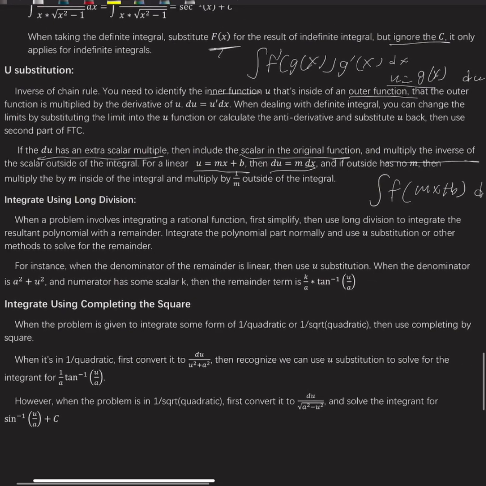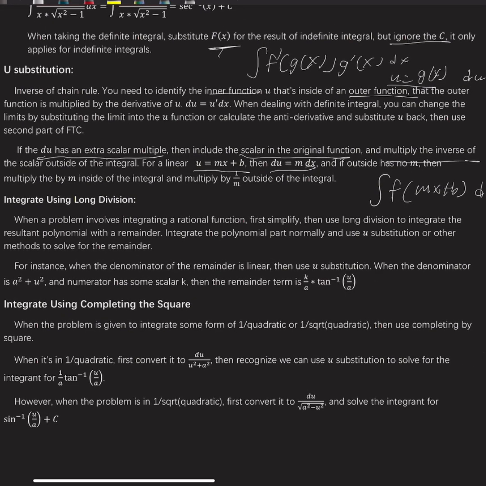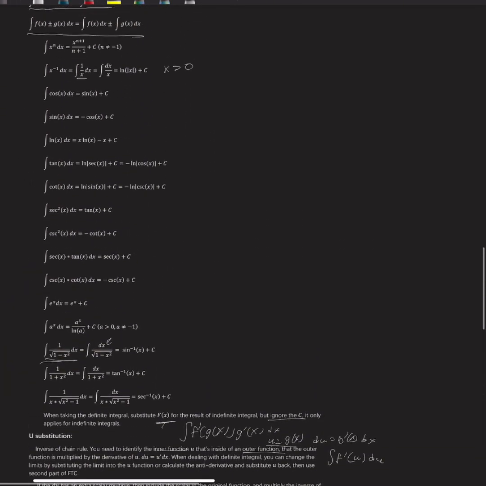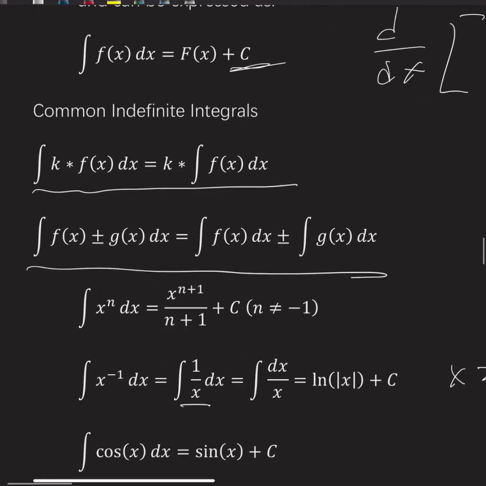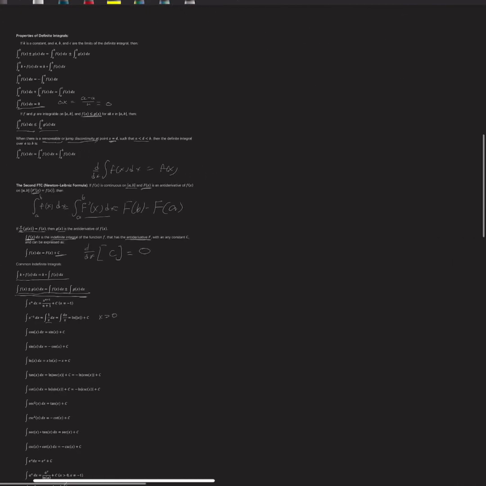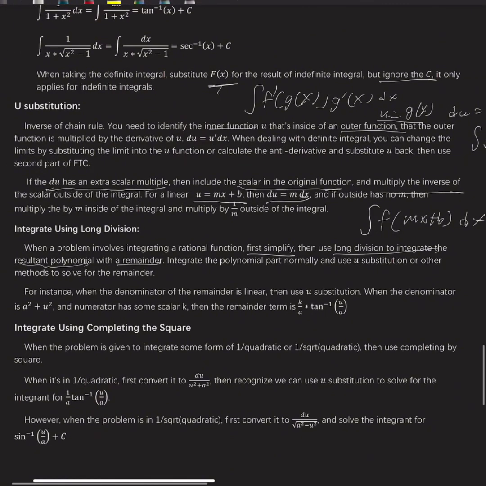And the next one is using long division. This will happen when you're integrating a rational function. What you do first is simplify, then use long division to get a resultant polynomial with a remainder. You use the sum property to separate the polynomial, and then for the remainder part, you'll use either U-substitution or other methods.